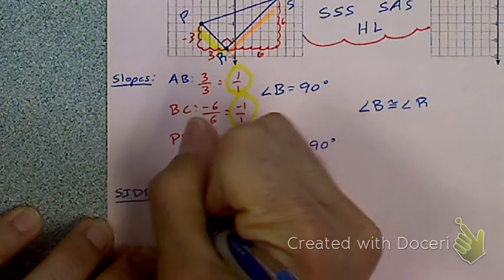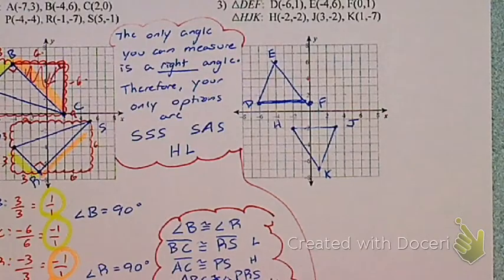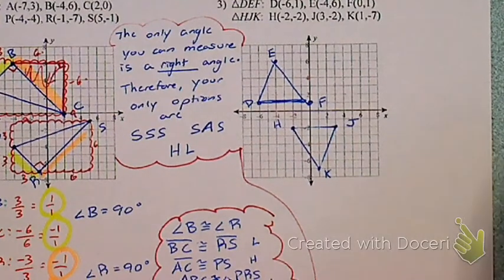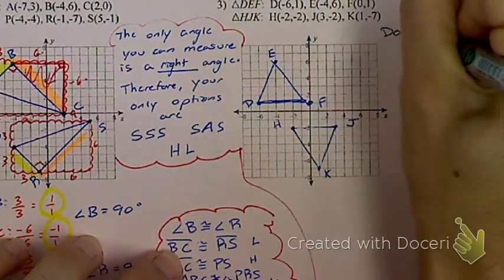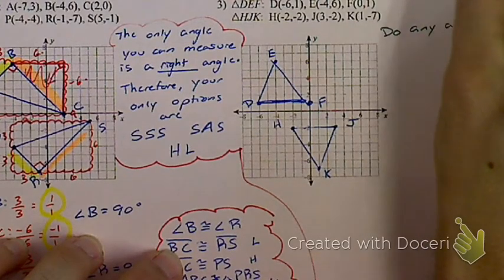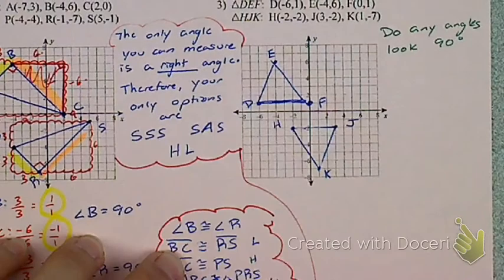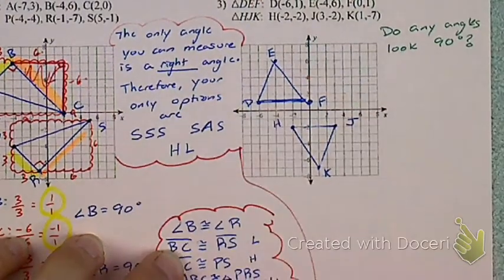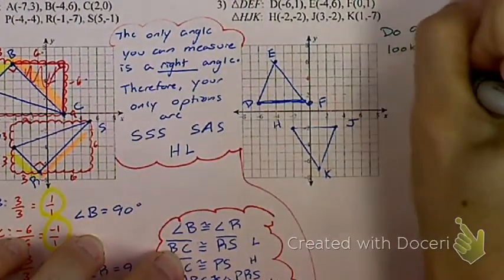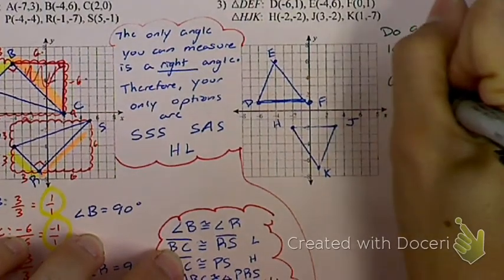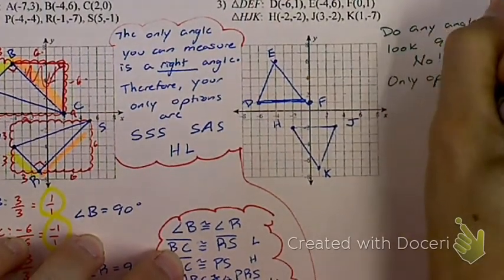Okay. So, now for sides. BC to start. Let me go back. Do any angles look 90 degrees? Not at all, right? No, which means my only option is what?